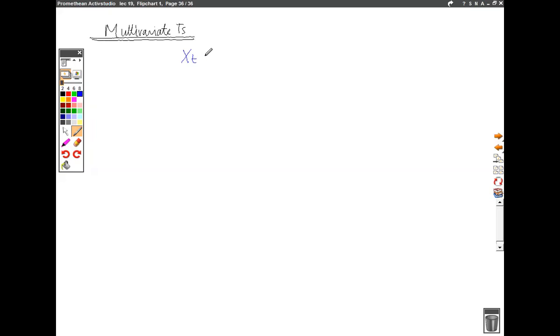So I can write that my xt is a vector here, and sometimes you can also denote it by an arrow, but I'm just going to denote it by a bar underneath. So I'm writing my xt as xt1, comma, xt2, up until xtm.